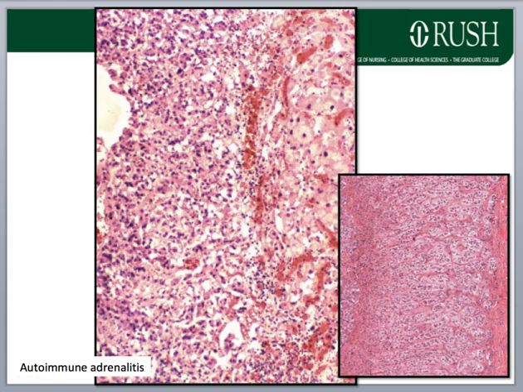This isn't the greatest picture, but the larger image, if you compare with normal adrenal gland to the right, shows loss of the adrenal cortical cells, and all the numerous small purple dots, you'll have to take my word for it, are lymphocytes that are infiltrating the gland. So sometimes this is called autoimmune adrenalitis, and is what's seen in chronic adrenal cortical insufficiency or Addison syndrome.